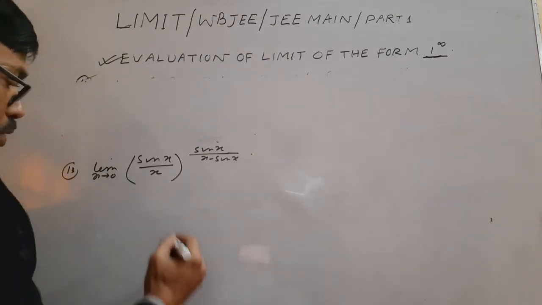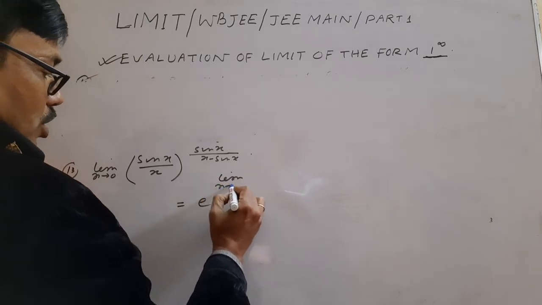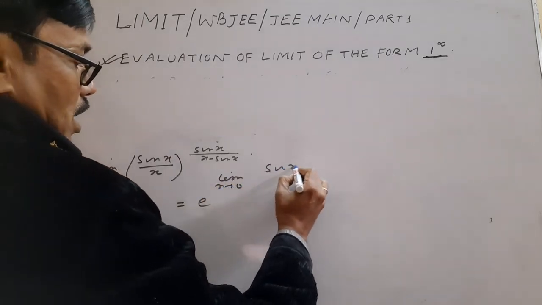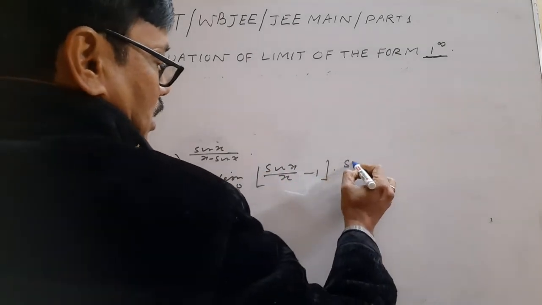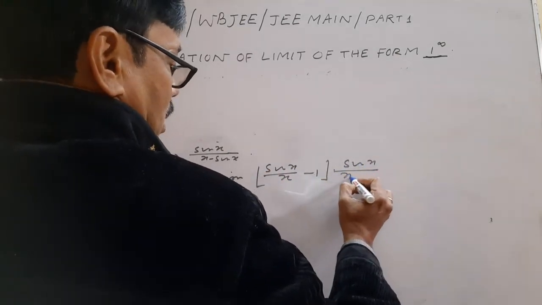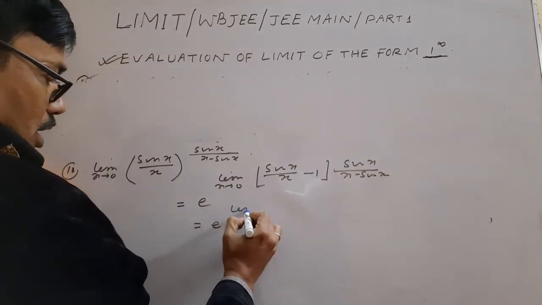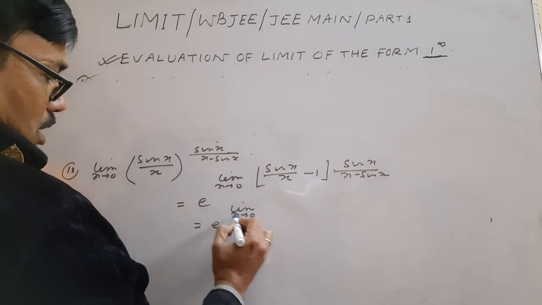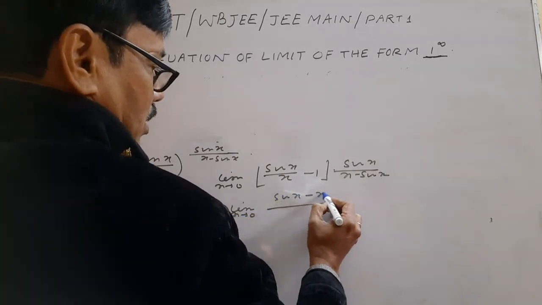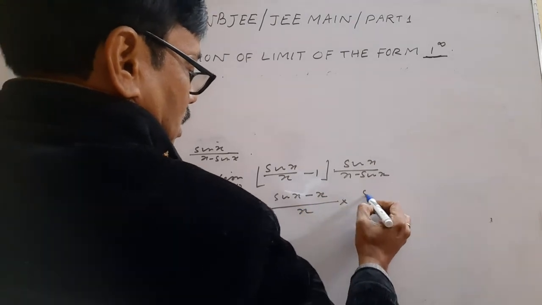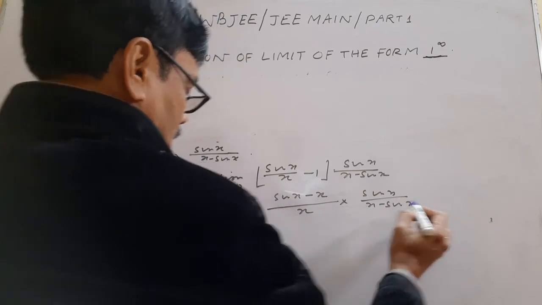So it is equivalent to e to the power limit x tends to 0 of (f(x) minus 1) into g(x), so (sin x by x minus 1) into (sin x by (x minus sin x)).